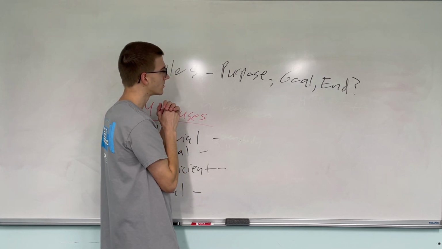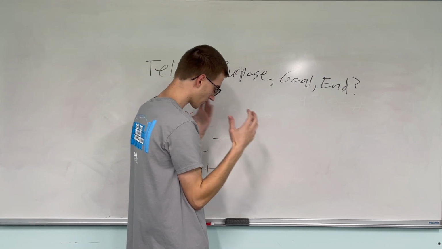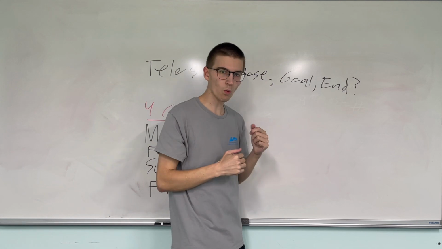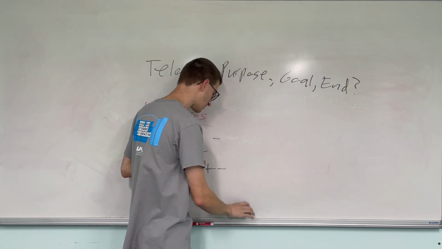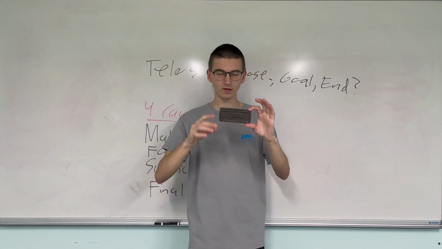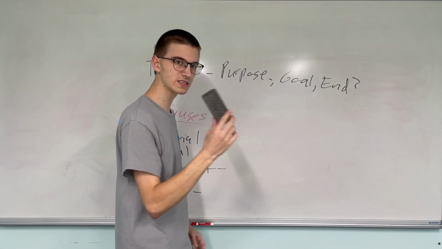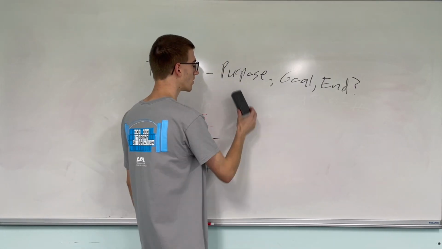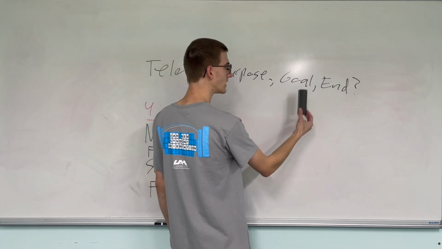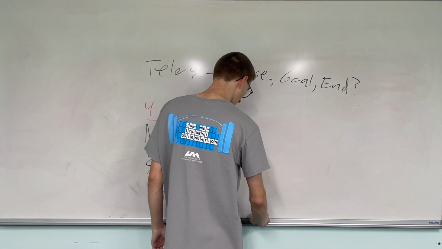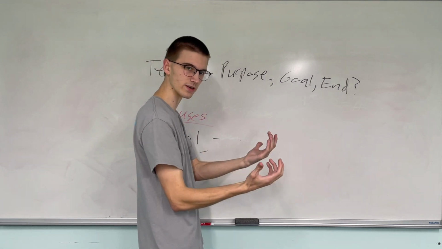And Aristotle says, okay, if I want to figure out what is the proper thing that I should do with this Expo eraser, I need to think about the telos of the eraser. What is the purpose of the eraser? What is the end towards which it will naturally be driven?